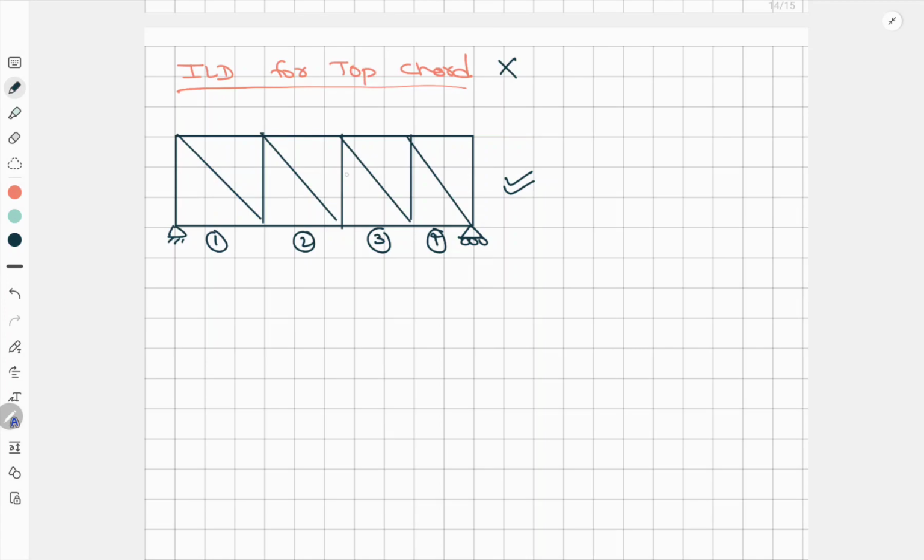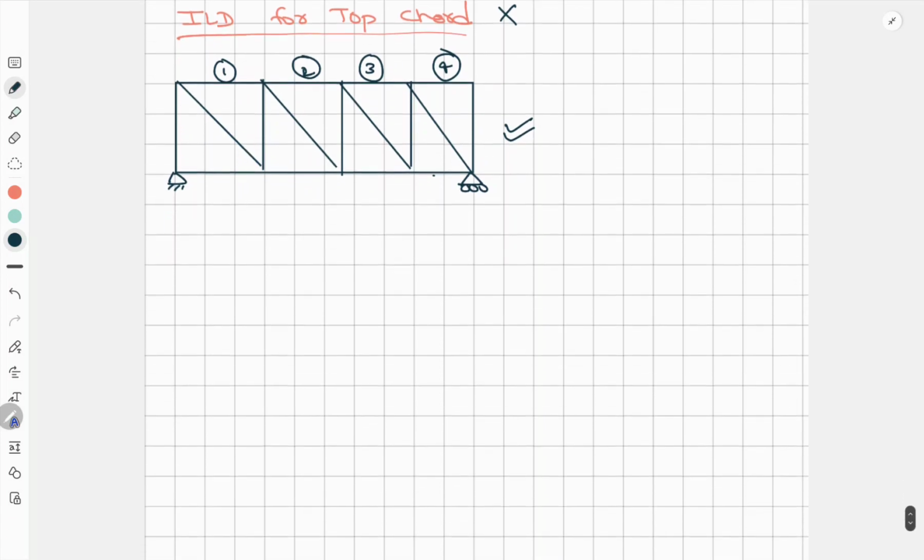If the number is given at the vertical, then we find for the vertical member, and if the number is given in the diagonal part, then we find for the diagonal member. We should know this, but in this case we have to find for the upper chord, that is the top chord members 3 and 4.